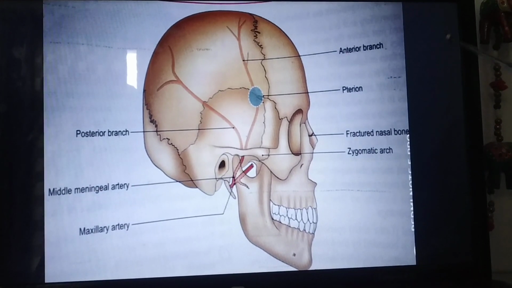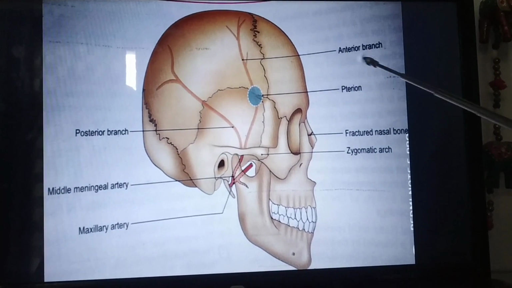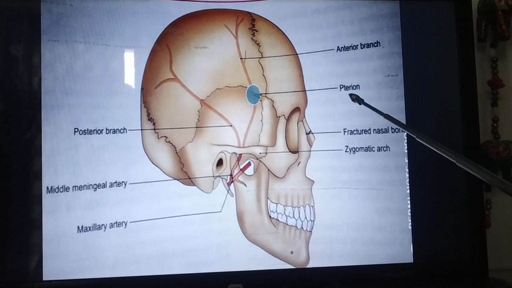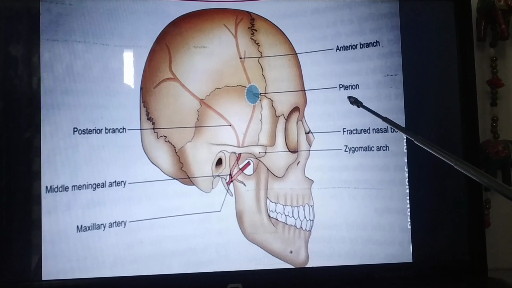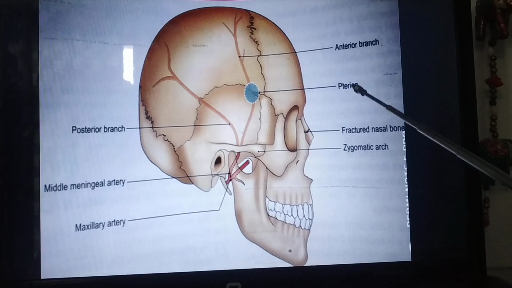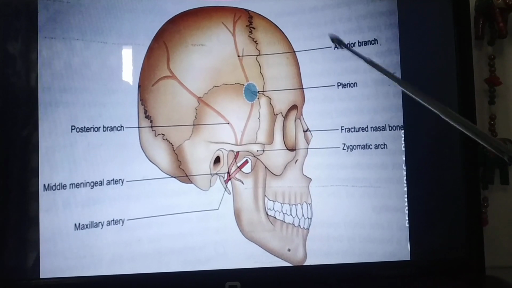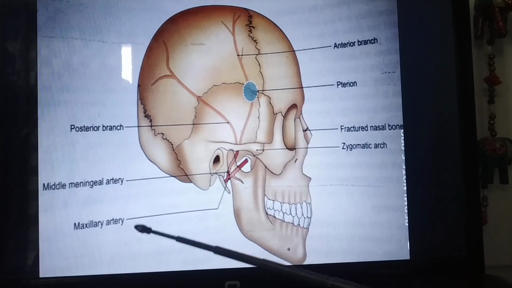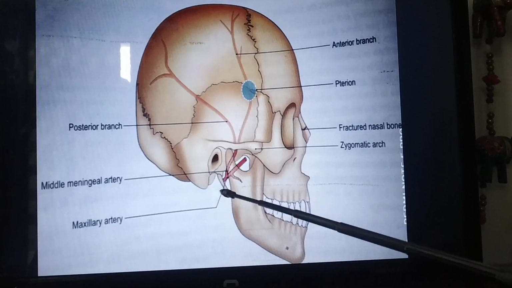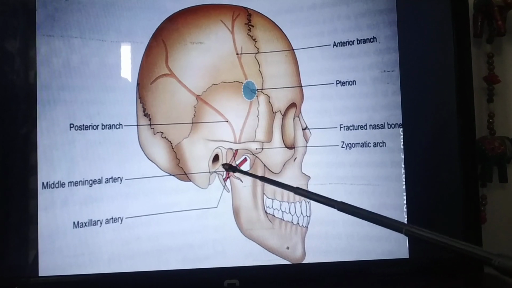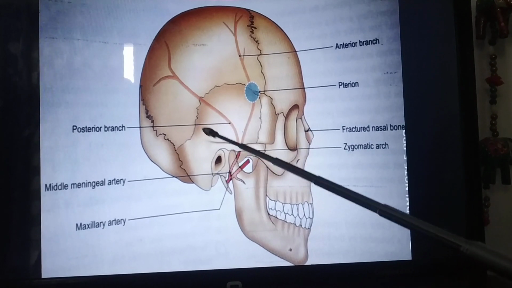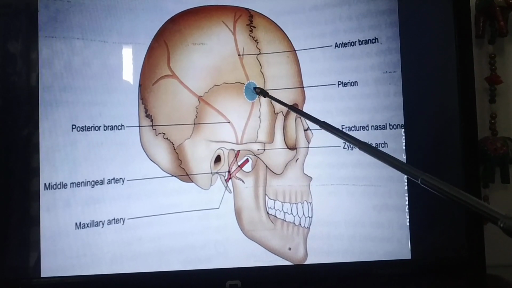Now, as I told you, why I say pterion is the weakest point, as well as very important to know, is because if an injury occurs over here, its healing may take time and it's going to be serious. Why? Because this is the maxillary artery, and the middle meningeal artery. See, the maxillary artery is going over here, whereas the middle meningeal is dividing into two parts, the posterior branch and the anterior branch.